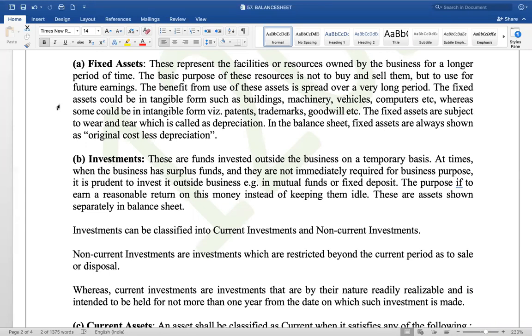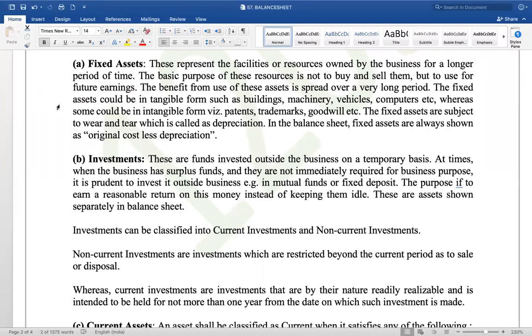That's a fixed asset. And you may erect a plant on that, and you may construct a building on that land. That's a fixed asset. Or you may set up machinery in the factory, which is built on the land, that's for a long term. These are all fixed assets.